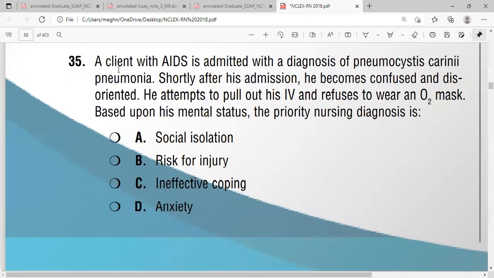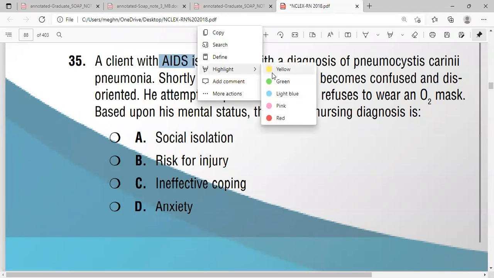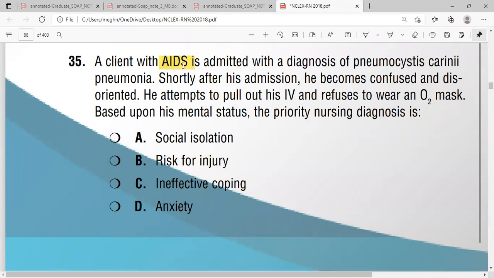Next question here. A client with AIDS, right? Acquired immunodeficiency syndrome, admitted with the diagnosis of Pneumocystis carinii pneumonia. So the patient's diagnosis is pneumonia, and the organism name is Pneumocystis.